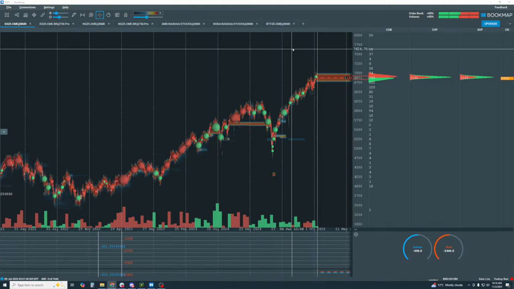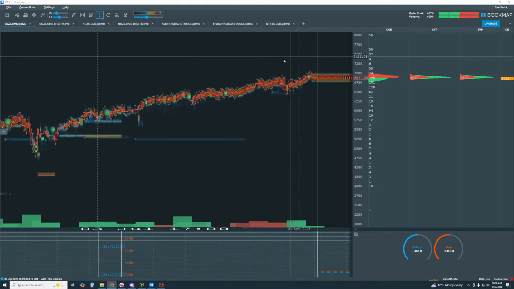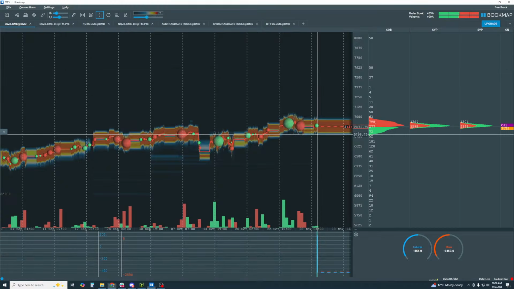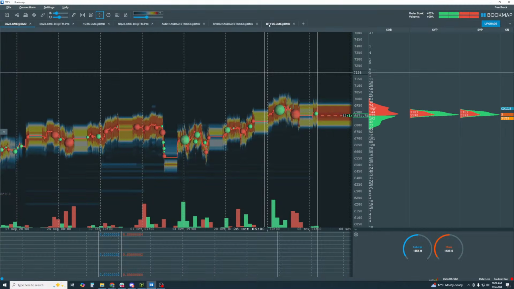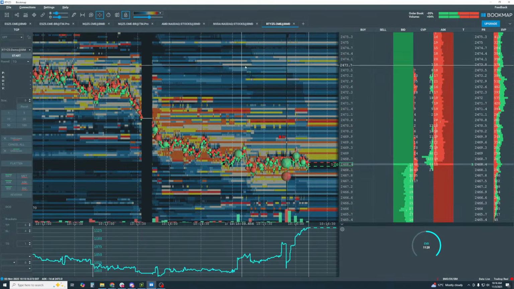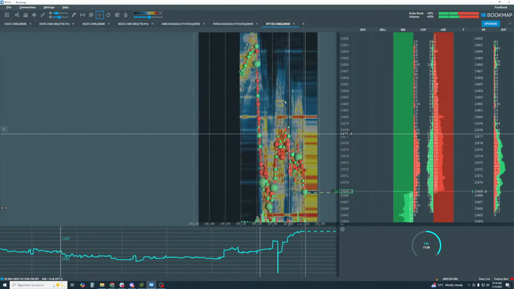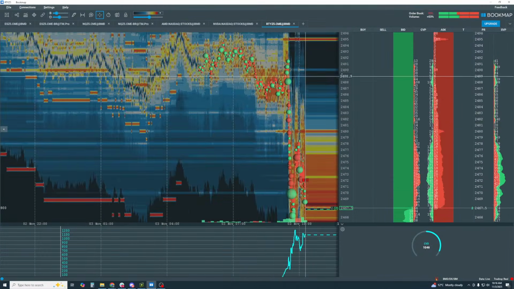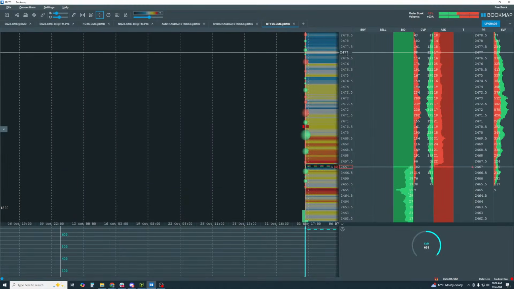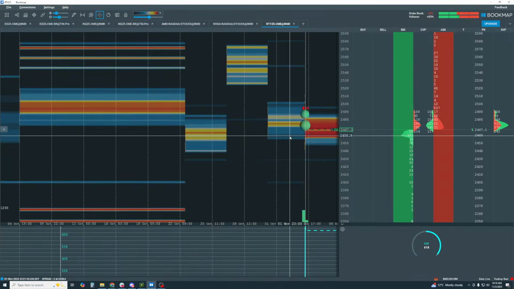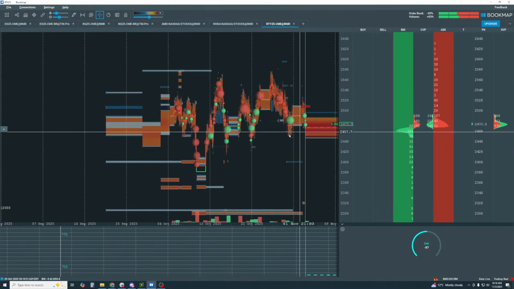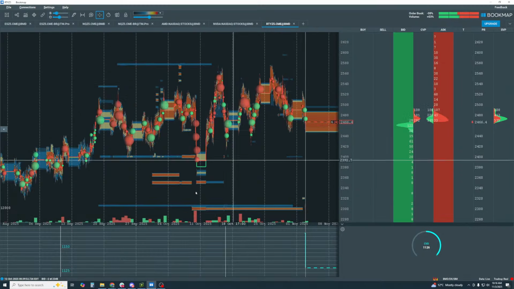Okay, so let's move on. We just went through how to look at all of this data within Bookmap. Let's just jump over to that Russell for a second here, and we'll do the same thing. I'm just going to zoom out, and I continue to zoom out.